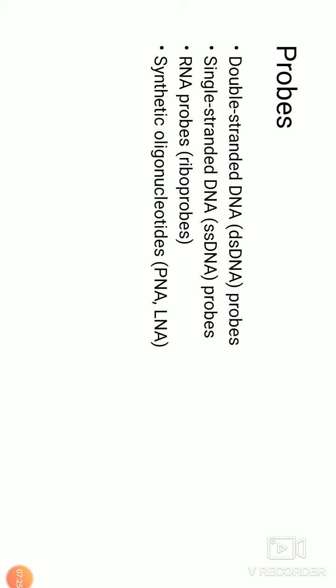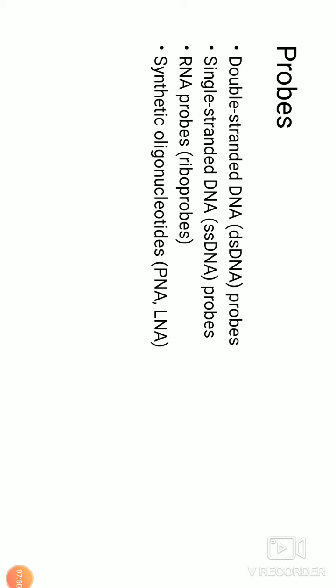So, as I mentioned here, you can have DNA probes, you can have RNA probes, and you can have synthetic oligonucleotides as probes. A DNA probe is a short sequence of DNA labeled isotopically or chemically that is used for the detection of a complementary nucleotide sequence.